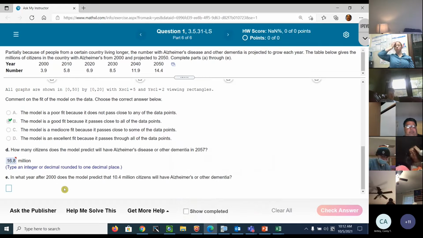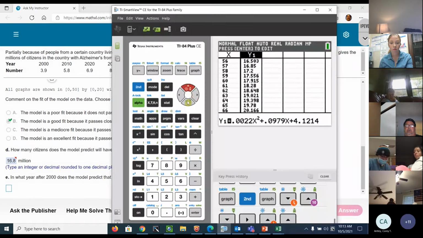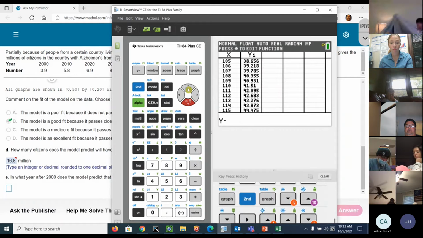In what year after 2000 does the model predict 10.4 million? So we have to look for 10.4. So calculator, where is 10.4? I don't see 10.4.